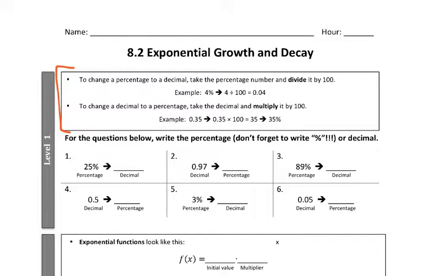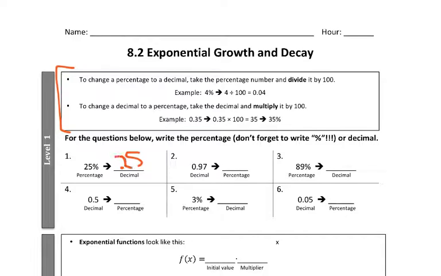So we're going to go ahead and do that. You're probably going to want a calculator out. I'm hoping you start to see some patterns as we do that. Okay, 25%, we want to convert that to a decimal. In my calculator, I'm typing 25 divided by 100, push enter, and I'm getting 0.25.